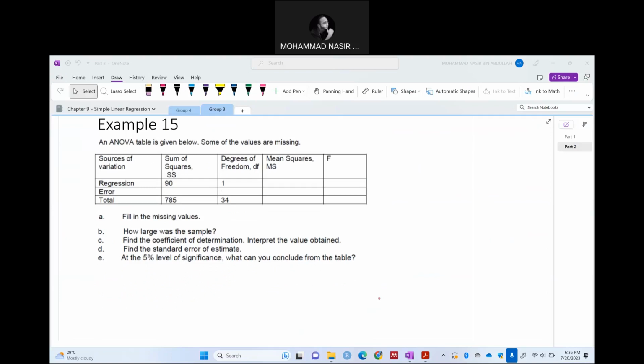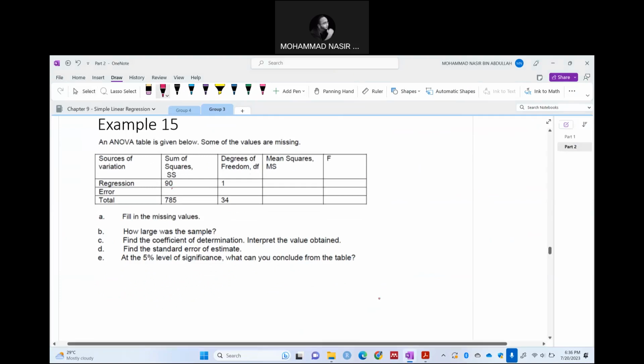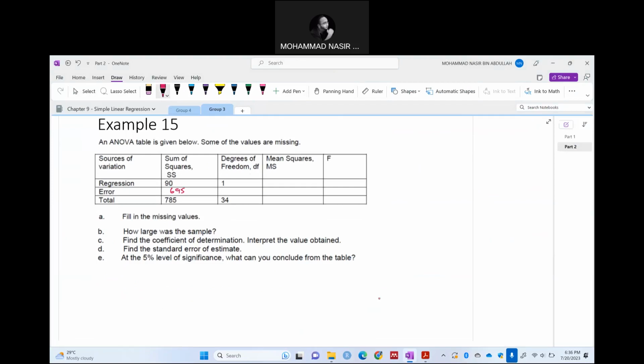So how to find sum of square error? 785 minus 90, so this one is 695. And this one should be 30. What is the mean square regression?